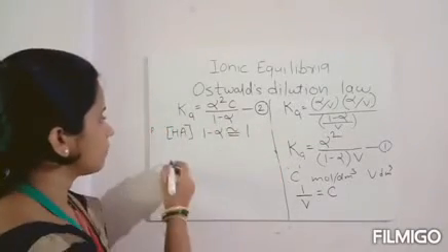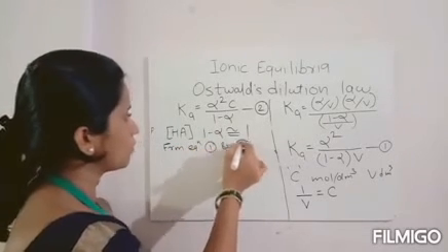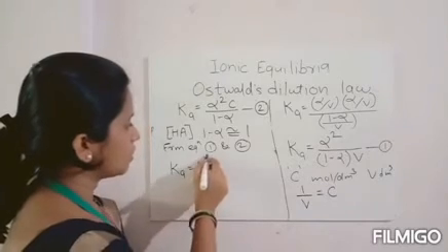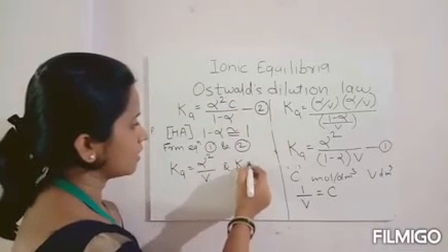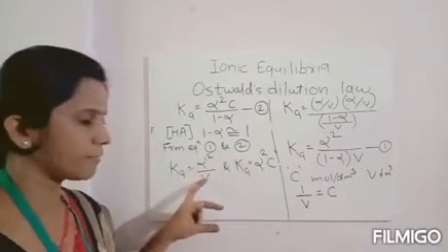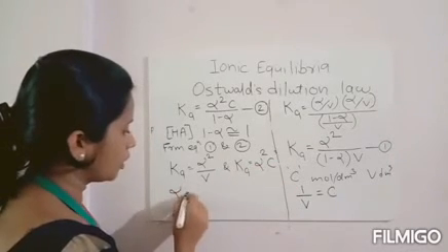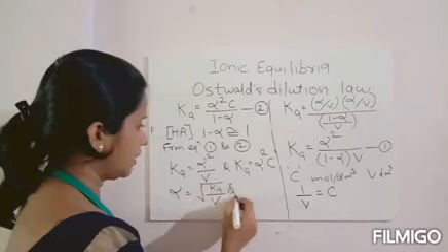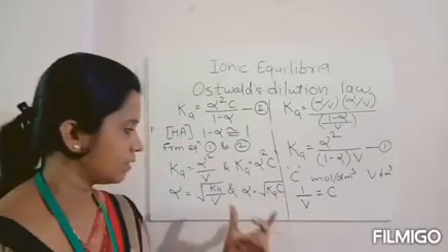From equations 1 and 2, Ka is equal to alpha square divided by V, and from equation 2, Ka is equal to alpha square C. So alpha is equal to the square root of Ka into V, and alpha is also equal to the square root of Ka divided by C.